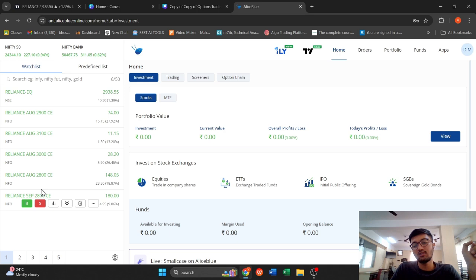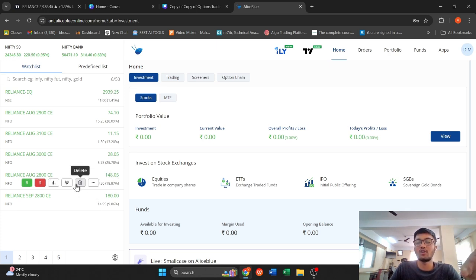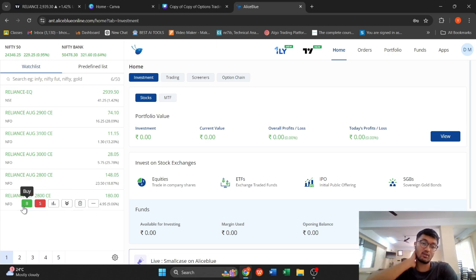You can see the contract expiring in the month of August is currently trading at 148 rupees. But when you go to the next expiry, today you can actually buy the instrument for September as well, and you can see clearly that you're getting it at a higher price.